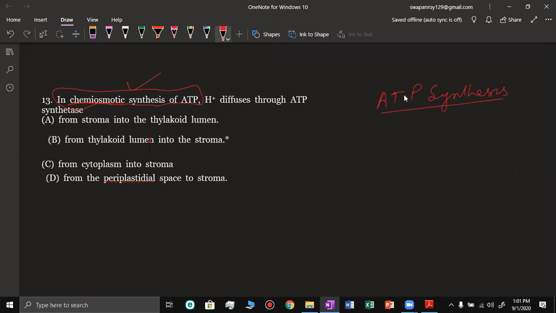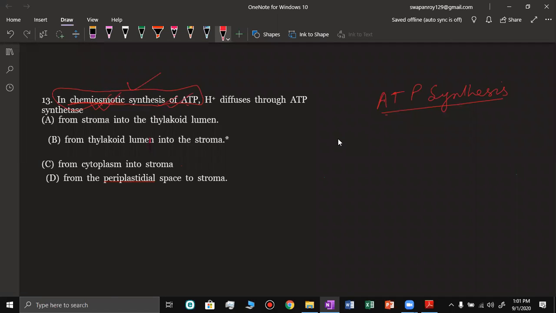For ATP synthesis, the chemiosmotic principle is the widely accepted hypothesis.